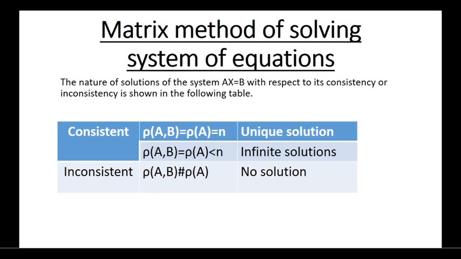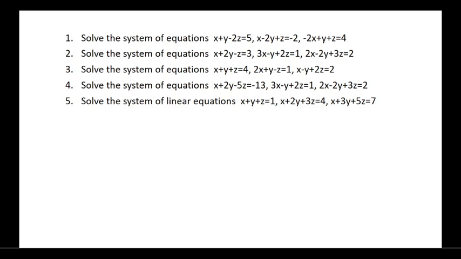So for any system of equations, to check whether it is consistent, we find the augmented matrix and their ranks: the rank of the augmented matrix and the rank of the coefficient matrix. If the rank of the augmented matrix is equal to the rank of the coefficient matrix, then the system is consistent. Whenever these two ranks are not equal, then we call the system inconsistent.